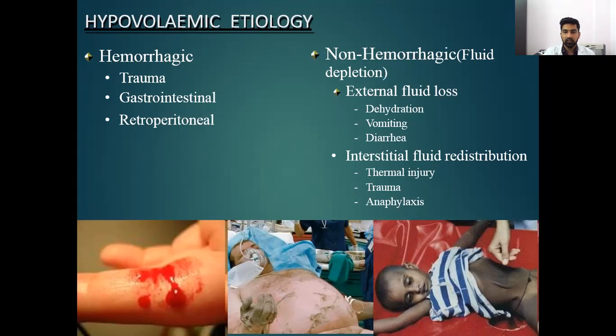As you can see, the various types of hypovolemic shock in this image: the first image is trauma, loss of blood. The second image depicts thermal burn injury. In the third, a child is suffering from severe dehydration, where there is obvious wasting of muscles.